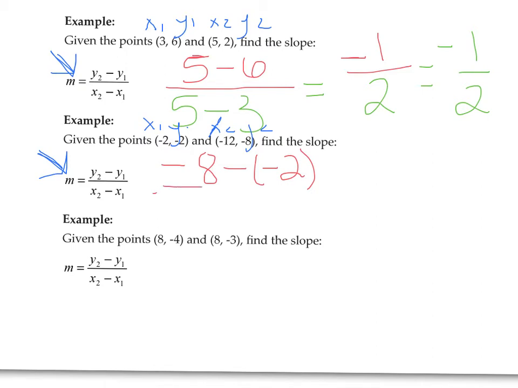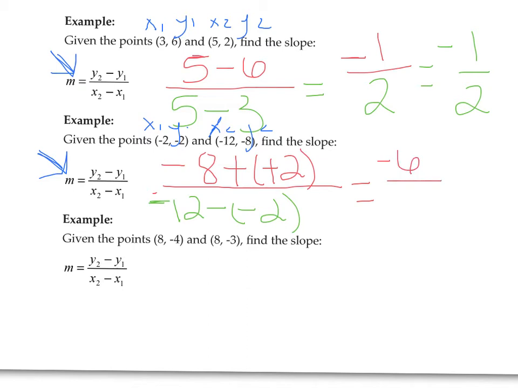In the denominator, we're going to have x2 minus x1. So -12 minus -2. And then we're going to simplify. All right, don't forget, these two negatives together are actually going to cancel to make a positive. So in the numerator, we end up with -8 plus 2, which is -6.